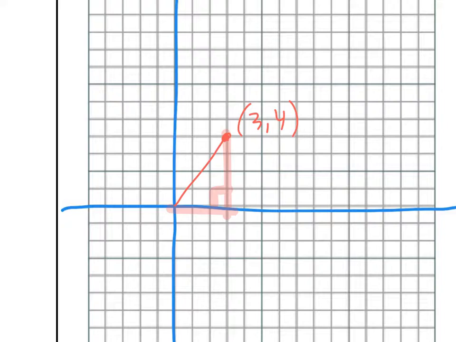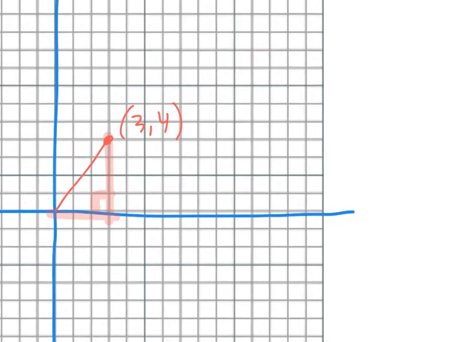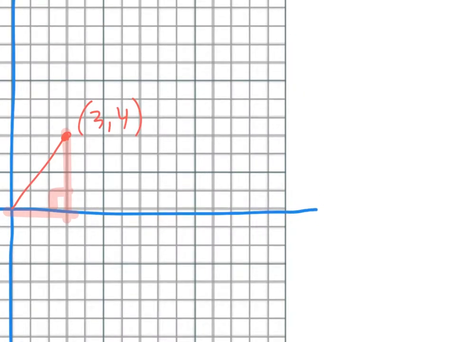Now, if you didn't know that, you would do 3 squared plus 4 squared equals 5 squared, or c squared, and then try to find that. So let's look at it in a different way. We know that we can use Pythagorean theorem, a squared plus b squared equals c squared. In our case, that is 3 squared plus 4 squared equals c squared, right?